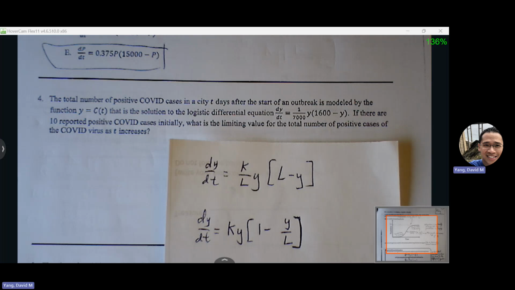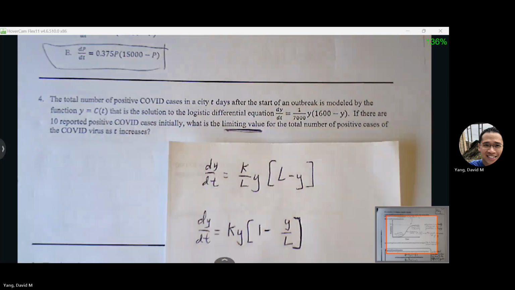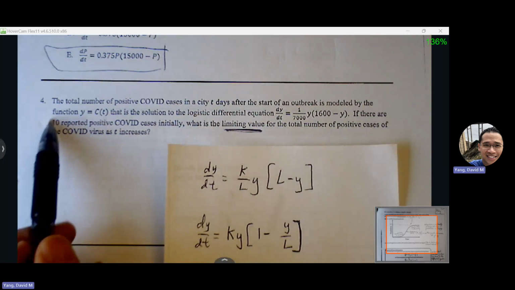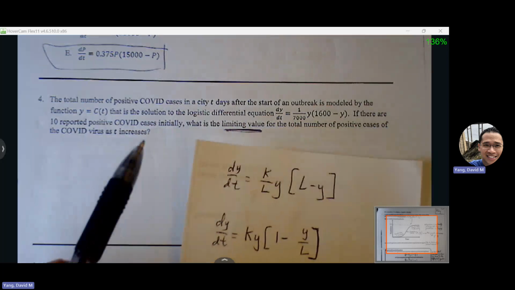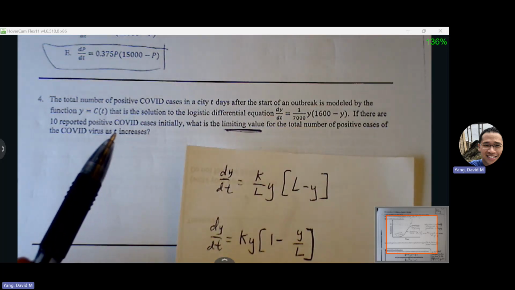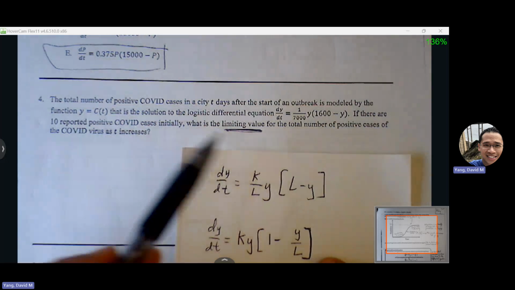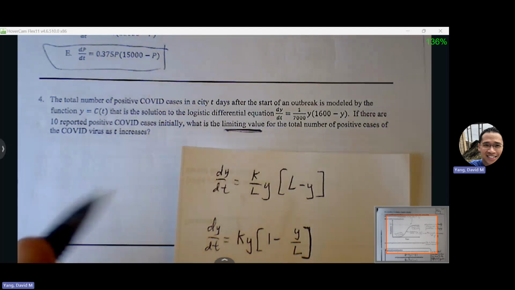You see the L value here. What's the limiting value? Yeah, 1600, right? And if you're thinking, wait, what happens with that 10? The 10 is just some starting value. We're looking for where the cases are going to cap off, so it doesn't really matter where we start. The limiting value is going to be the same regardless of whether we start at 10 or 5 or 0.